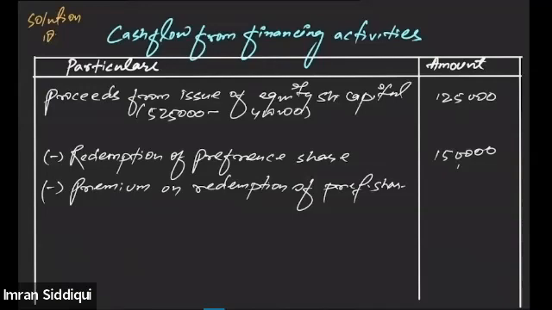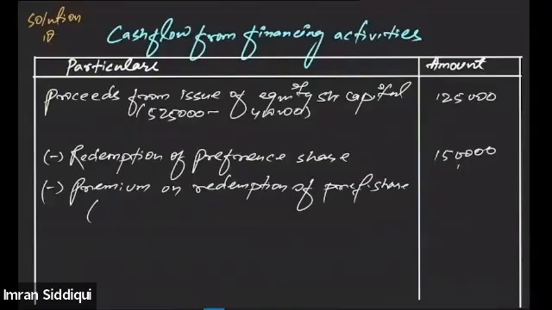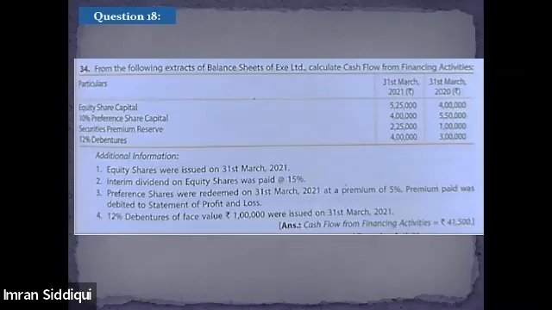You need to tell me on what value we will be calculating 5%. 5% of what? Premium will be calculated on which value? On what value we will be calculating 5% premium that we have paid on the redemption of the preference shares? Whether I need to calculate it on 4 lakh or on the 5 lakh or 50,000?